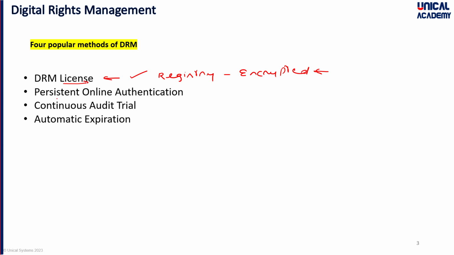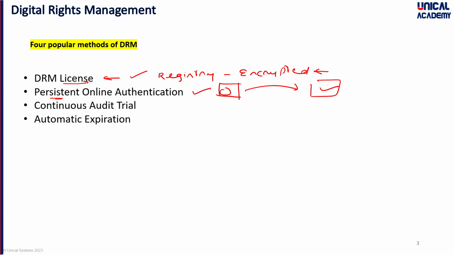Whereas the second one, persistent online authentication, means online connectivity should be persistent. Periodically, the application running on the client pings the server to validate whether the license key in use is valid or invalid.